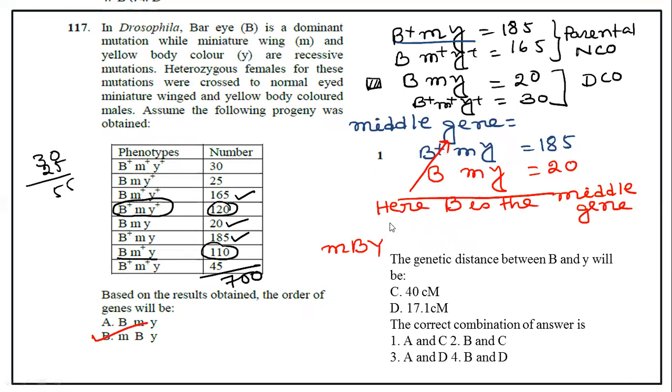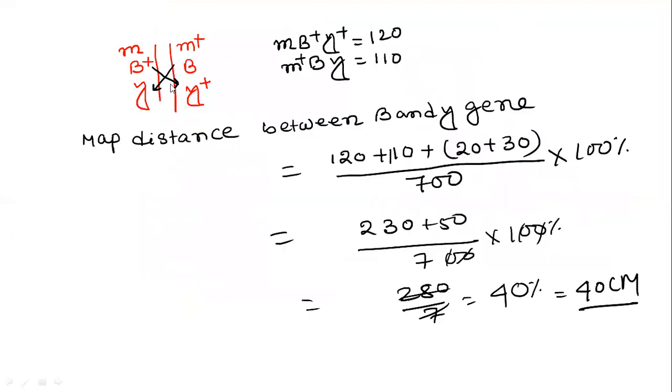Now for M and B, how will we do that? Same way. If you want the distance between M and B, there are M B Y plus, and the other is M plus B Y plus.